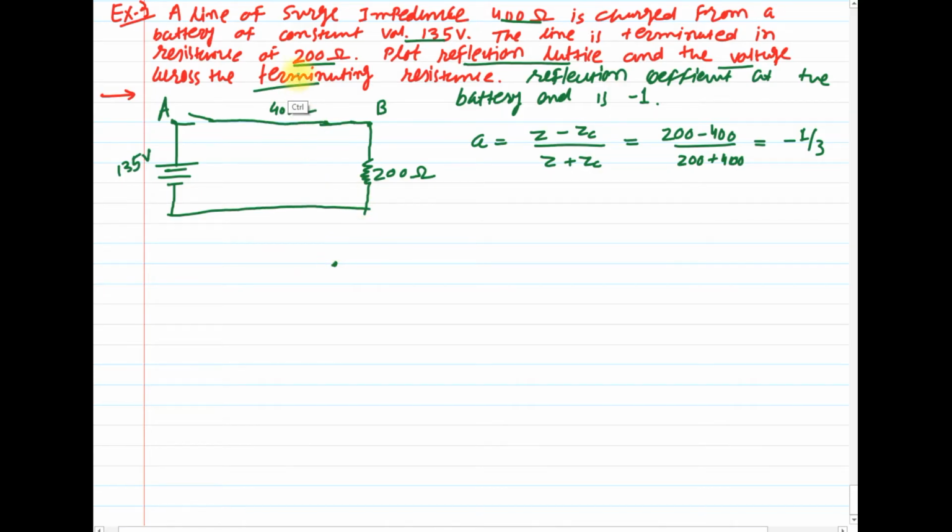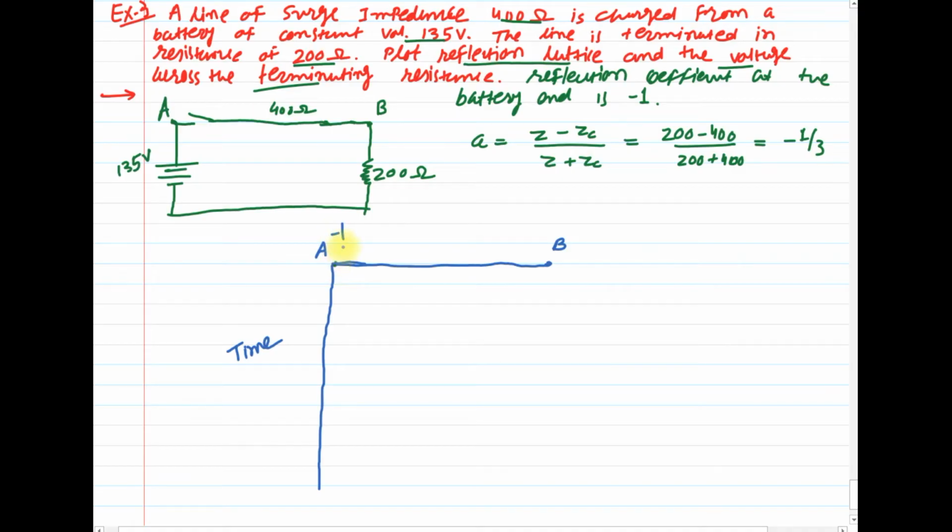At point A, the horizontal line shows the distance of the transmission line, and the vertical line shows the time of the traveling wave in microseconds or milliseconds. At A, that means at the left hand side, the reflection coefficient is given as -1.